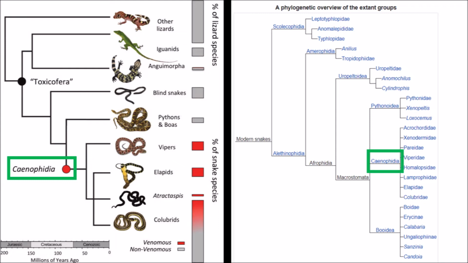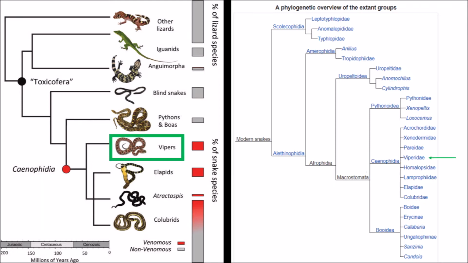So now the first branch off of Cainophidia that we are looking at, and the most primitive branch, is the vipers or Viperidae. So they are known for having long, hollow fangs that are specialized for deep injection of venom. And this is the family that our rattlesnake that we'll be dissecting belongs to.